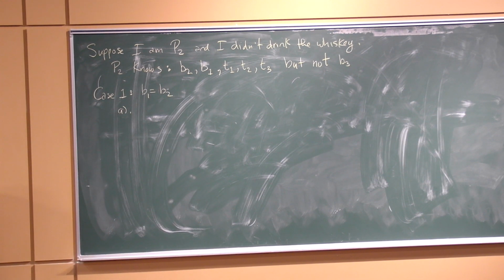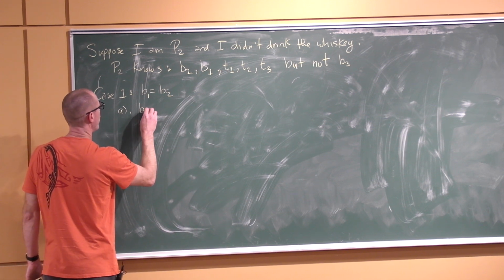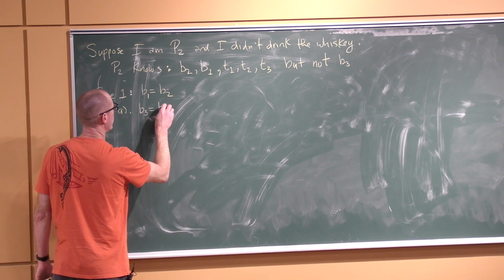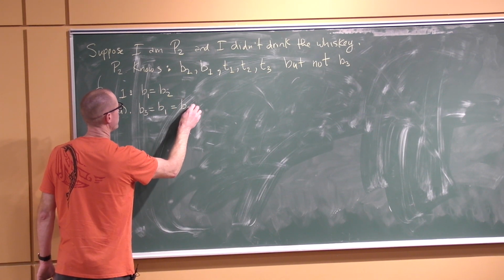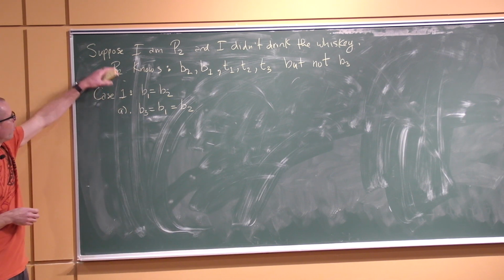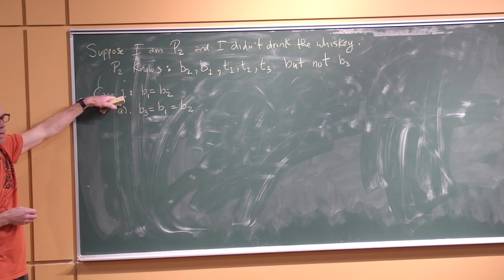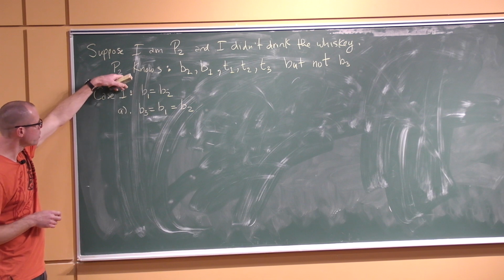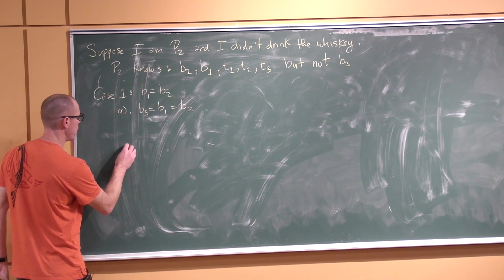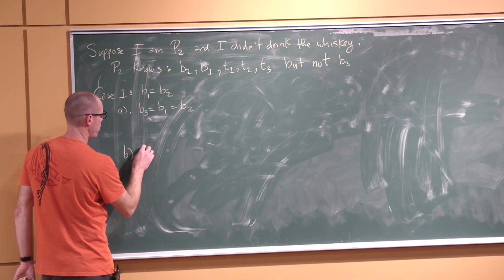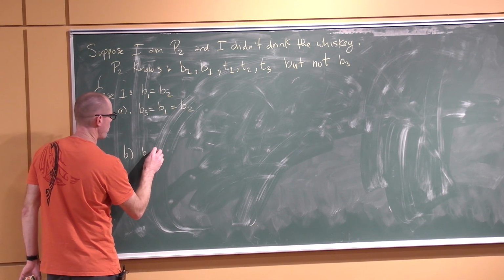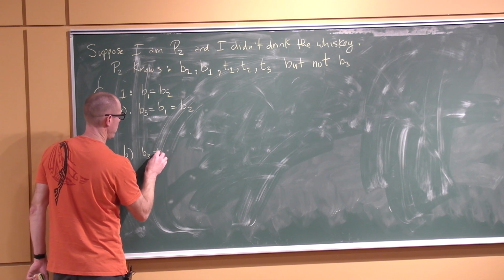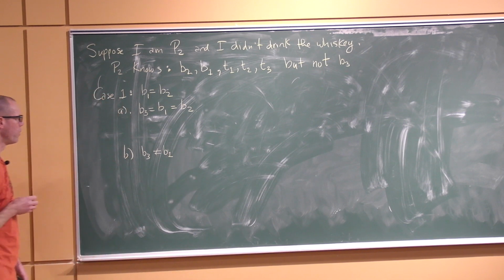So in case A, you have B3 is equal to B1, which means that it's also equal to B2. Now, player 2 doesn't know if they're in case A, because they don't know the value of B3. But they do know that they're in case 1 because they know B1 equals B2 in this case. Okay, and the other subcase is when B3, let's say, is not equal to B1, which means it's also not equal to B2.